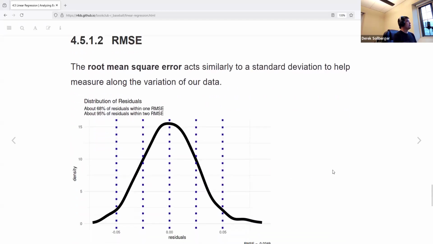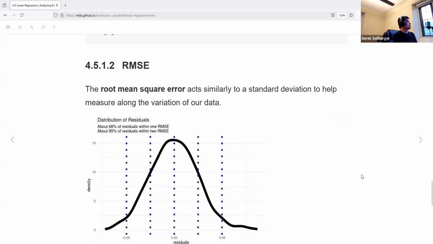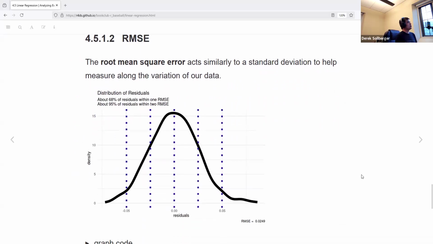Some of what are called empirical calculations are helped measured by what's called a root mean squared error. It's a metric that's very similar to standard deviation. So what the textbook authors did here was to double check that amongst the residuals, you can see my description at the top left of the graph, that about 68% of the residuals are within one root mean squared error from the middle, from the mean of the residuals.